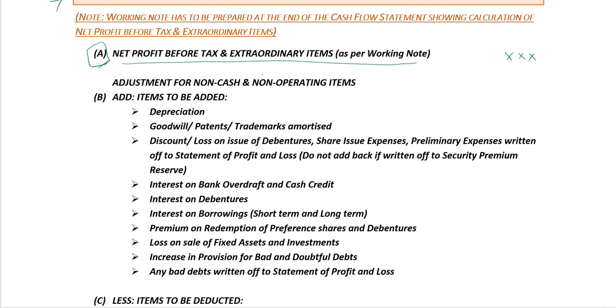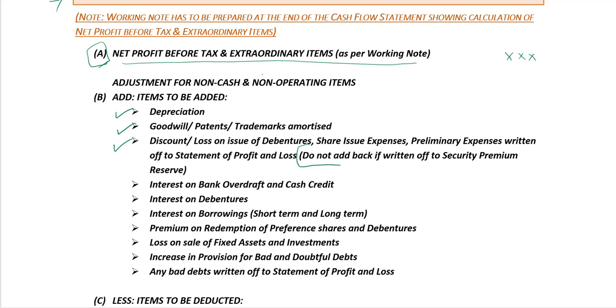The items to be added are as follows: depreciation on tangible fixed assets, any amortization on intangible fixed assets such as goodwill, patents, trademarks, any discount or loss on issue of debentures or share issue expenses or preliminary expenses which is written off to statement of profit and loss.